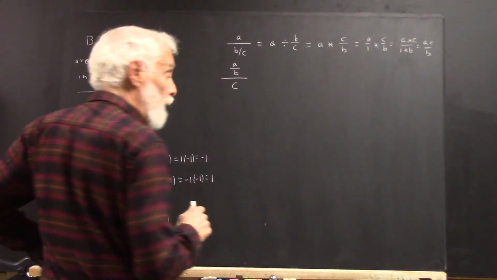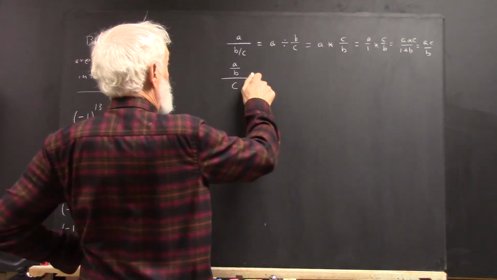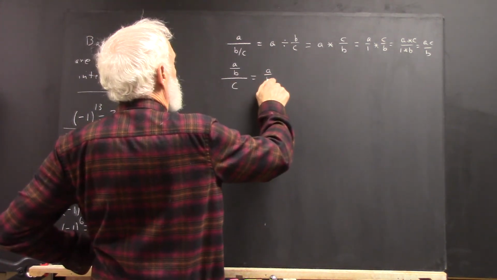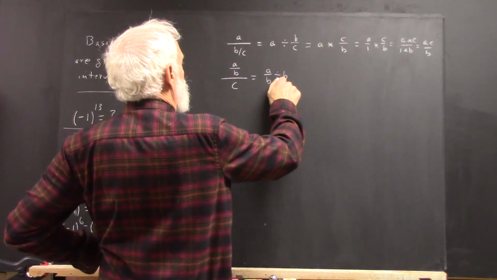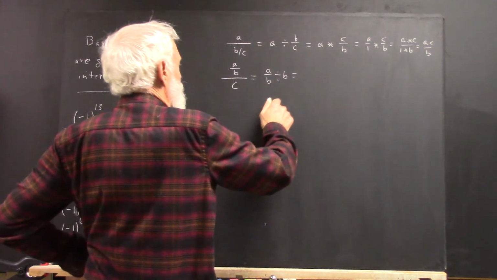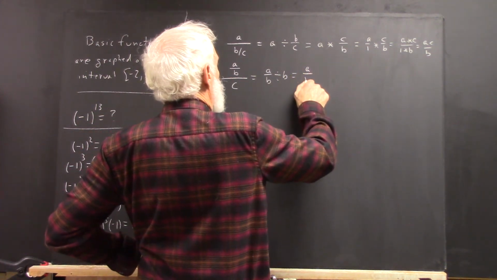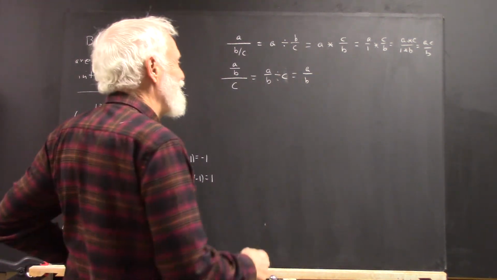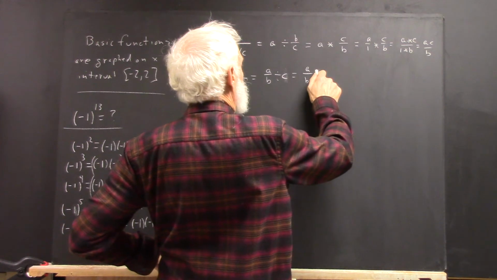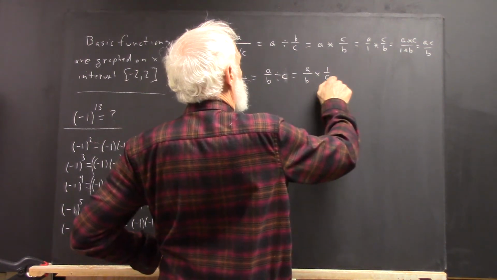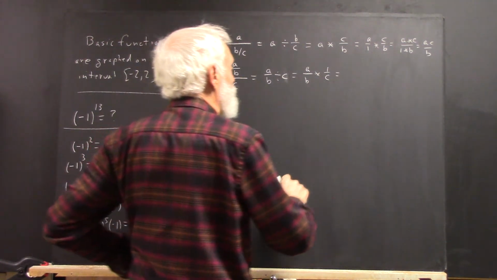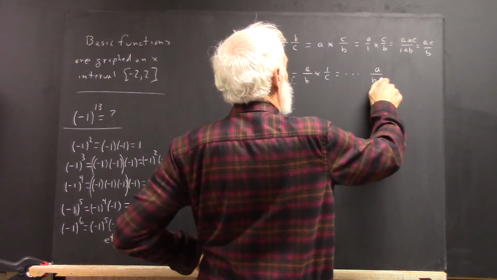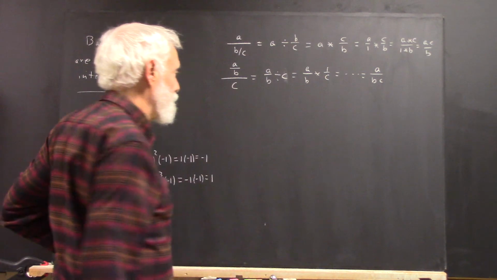Okay, so A over B divided by C means what? Well, A over B over C means A over B divided by C, so thank you, keep me focused here, A over B times 1 over C, which is, I'm not going to write the intermediate steps.